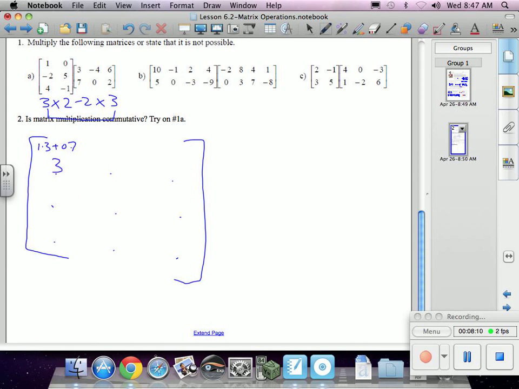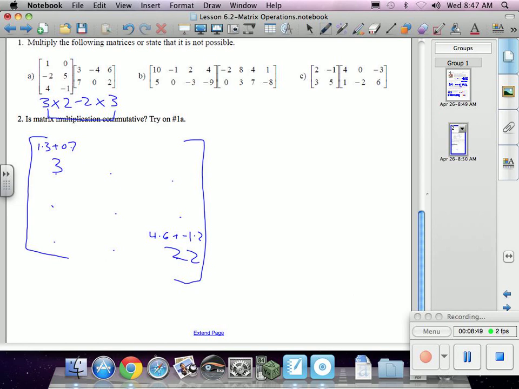If I want to find this one, that is the third row, third column, so I'm going to use my third row, third column, and I'm going to go like this, boom, and I'll get 4 times 6 plus -1 times 2, right, which is 24 minus 2, so that would be 22.